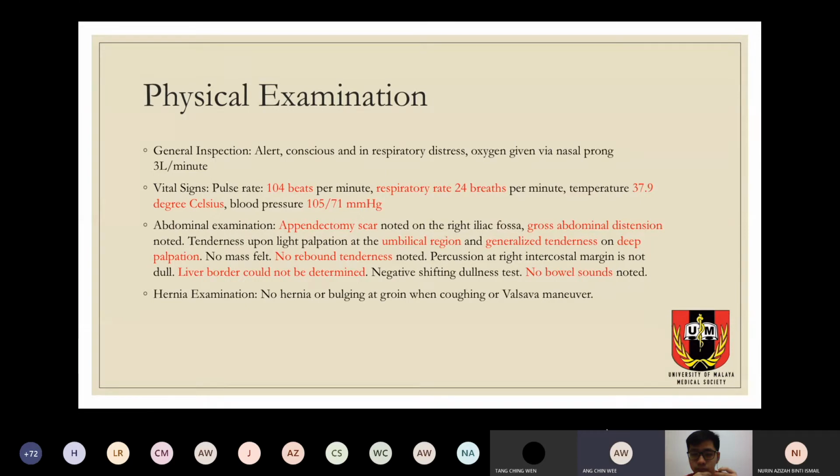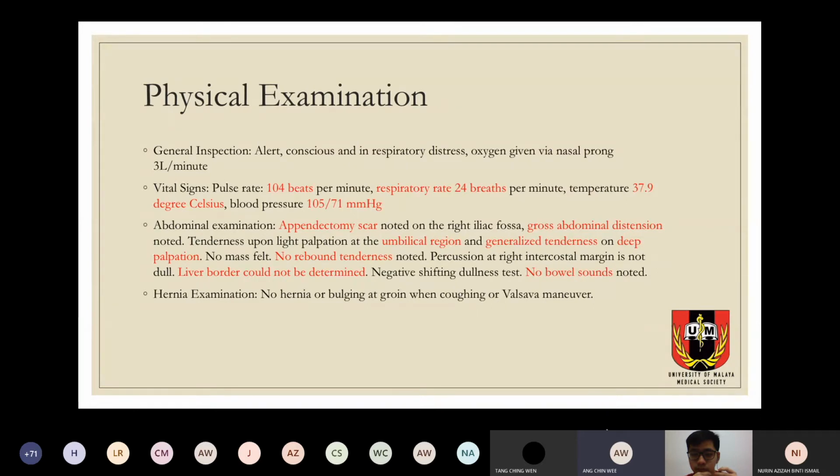Okay, got it. How about the absent bowel sounds, doctor? So the absent bowel sound is a bit non-specific. To hear bowel sounds, you've got to be in a fairly quiet environment, and you've got to put your stethoscope for at least how long? 30 seconds? Yeah, at least. Imagine if you work in a clinical environment, especially in the emergency department, you know how noisy it is around.